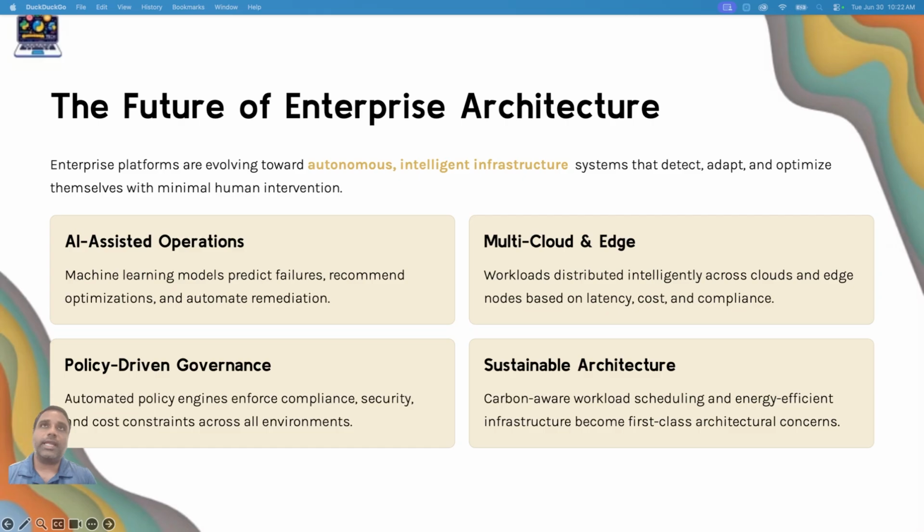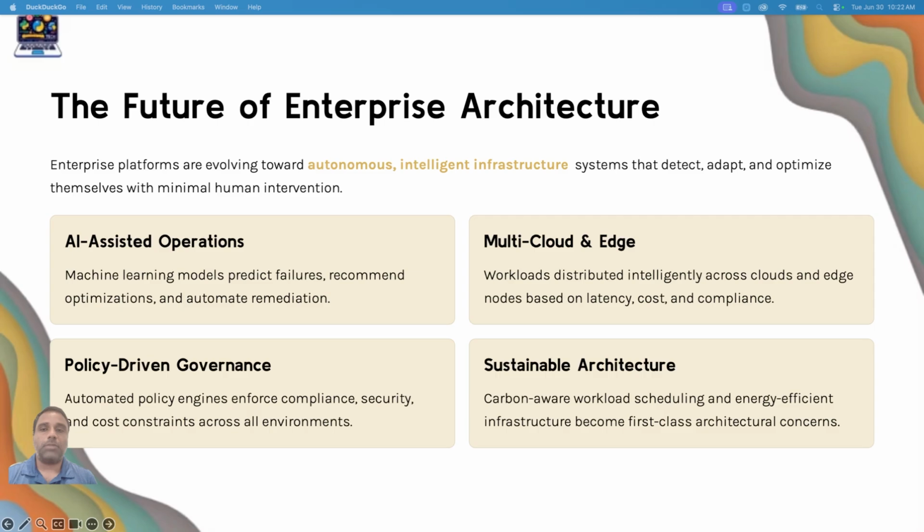All right, so let's look at the future of enterprise architecture. Looking ahead, architecture teams are evolving. Enterprise platforms are evolving towards autonomous, intelligent infrastructure. AI-assisted operations: machine learning models that predict failures, recommend optimizations, and automate remediations before humans need to intervene. And multi-cloud and edge.